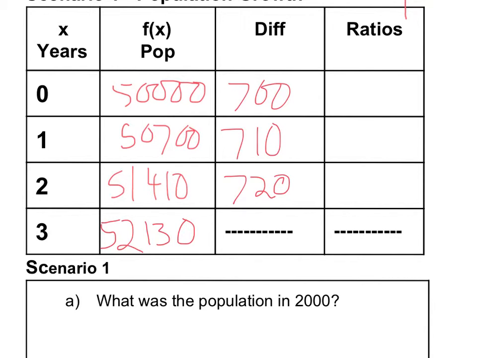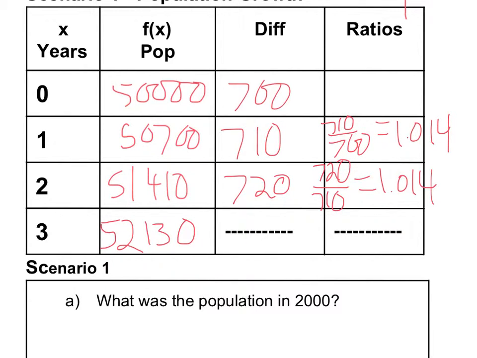And then we do our ratios. 720 divided by 710 equals 1.014. 710 divided by 700 is 1.014.